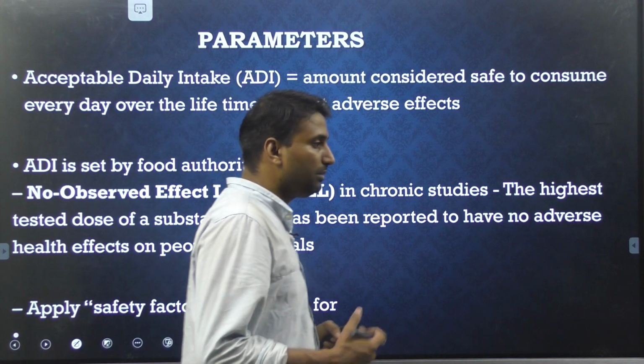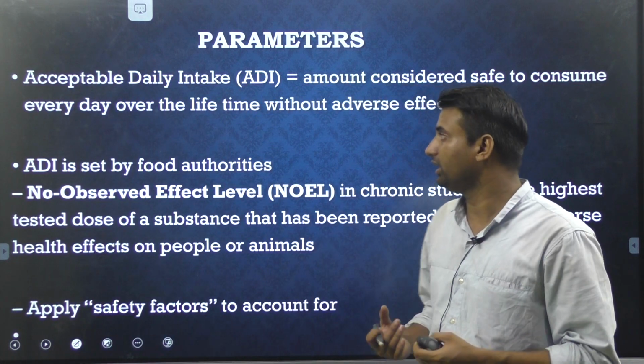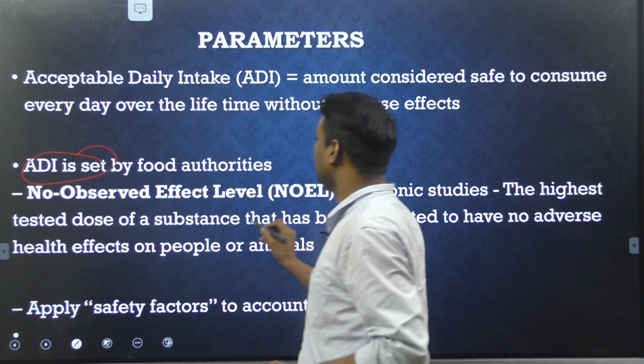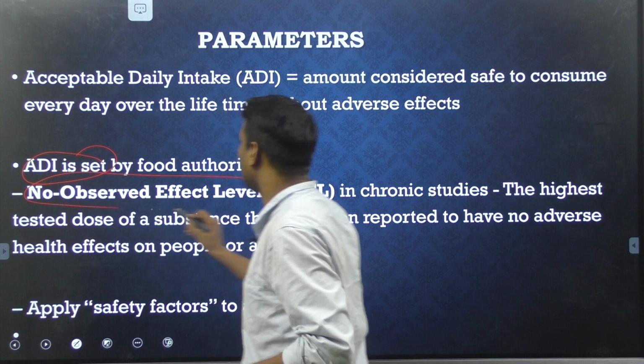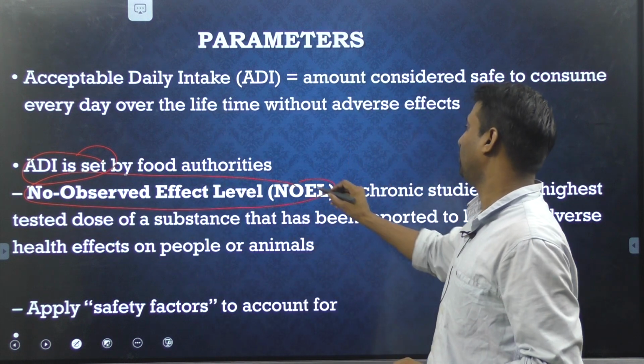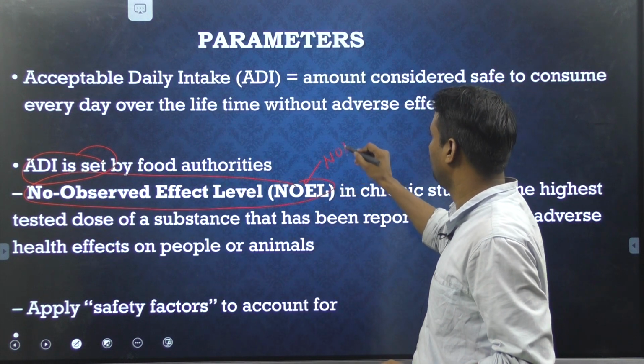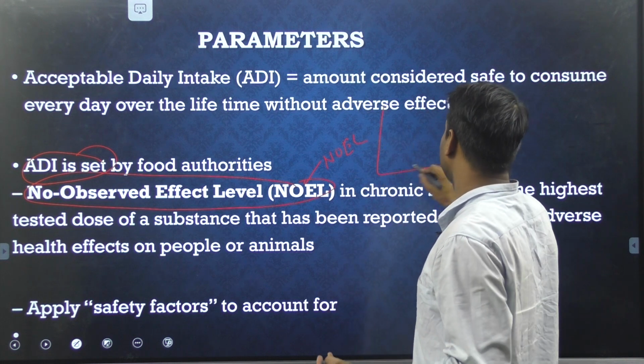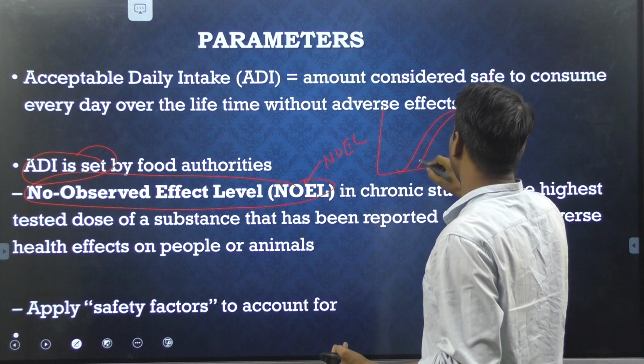Now what are the parameters which we have to evaluate? It is very important. I already told you there is one parameter, ADI, and second is the No Observed Effect Level, or NOEL. We have already discussed NOEL, but for the sake of revision, I will tell it again.